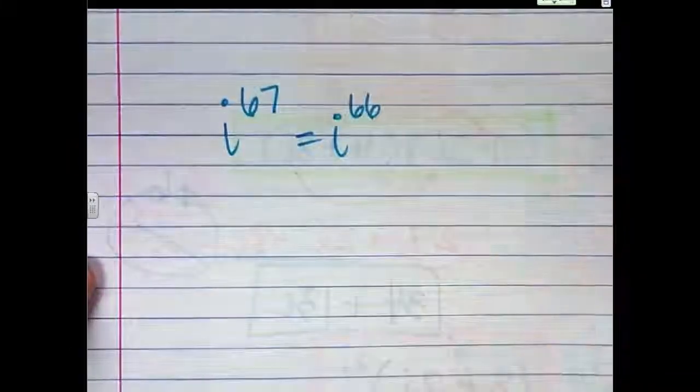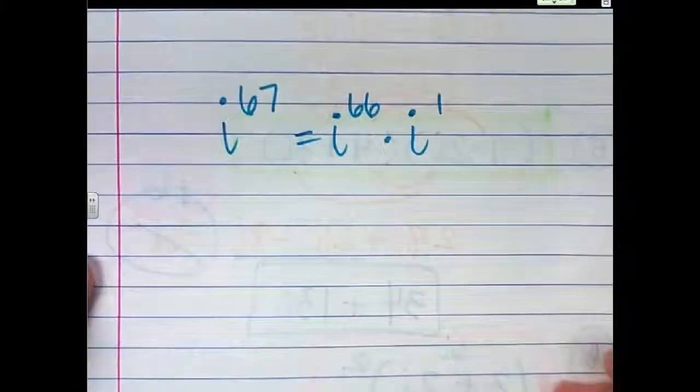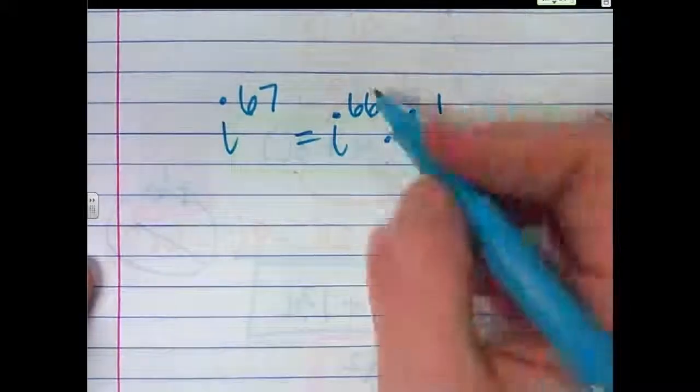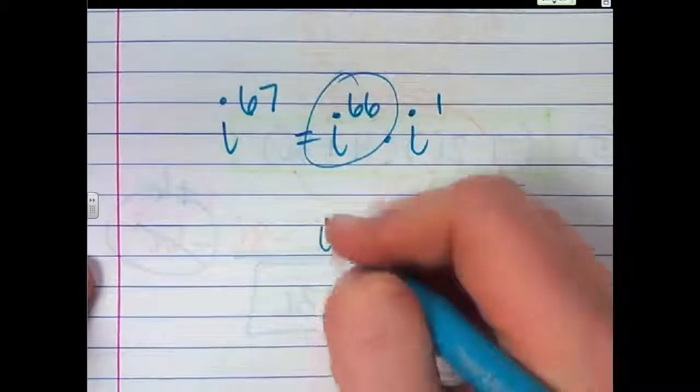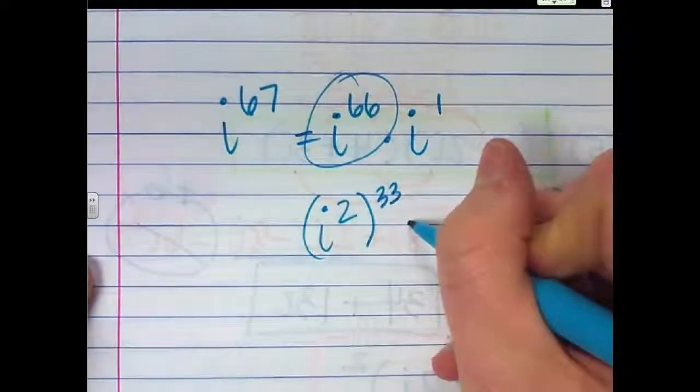Okay, so first thing, this is odd, so I want to split this up so I have an even, so I'll just go underneath 66, and then I have a single i. And that's usually what it is. It's something and then a leftover i. Take the even one, divide it by 2, which is 33. And then I have my random i.